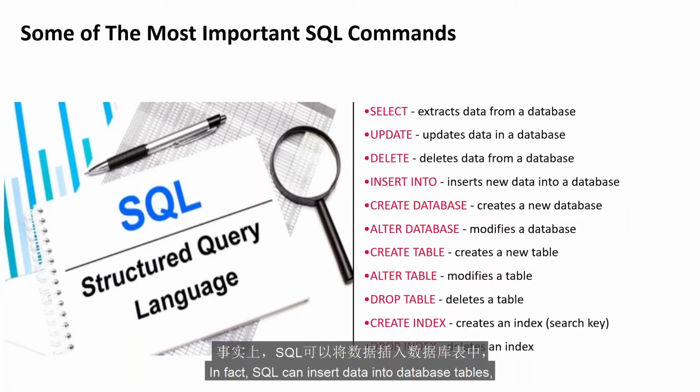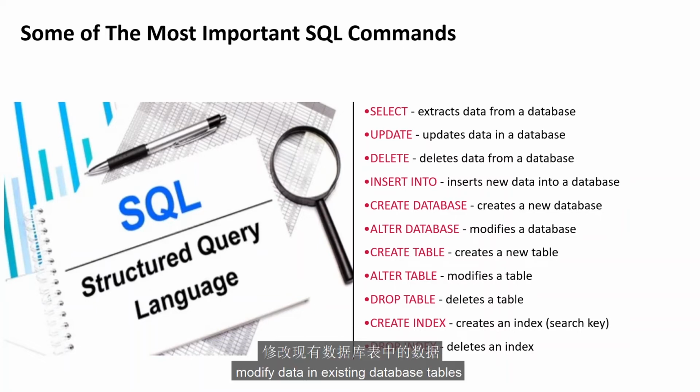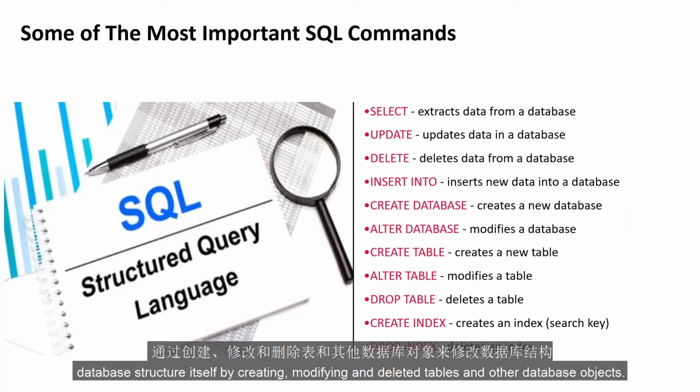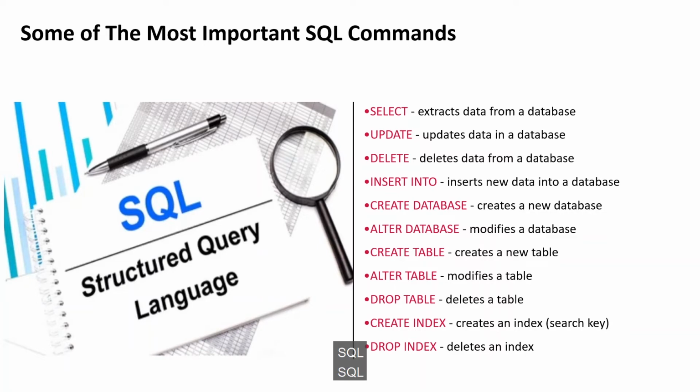SQL is very powerful. In fact, SQL can insert data into database tables, modify data in existing database tables, and delete data from SQL database tables. In addition, SQL can modify the database structure itself by creating, modifying, and deleting tables and other database objects.